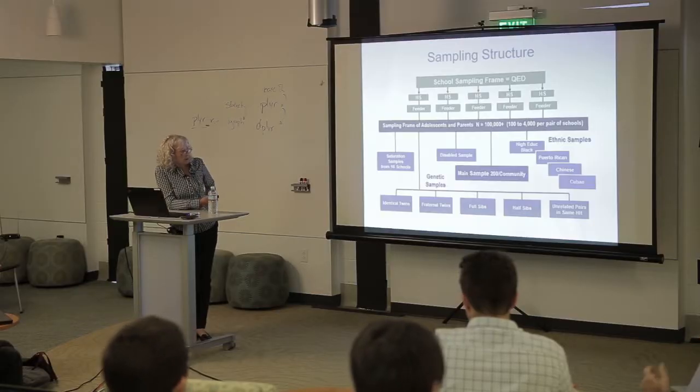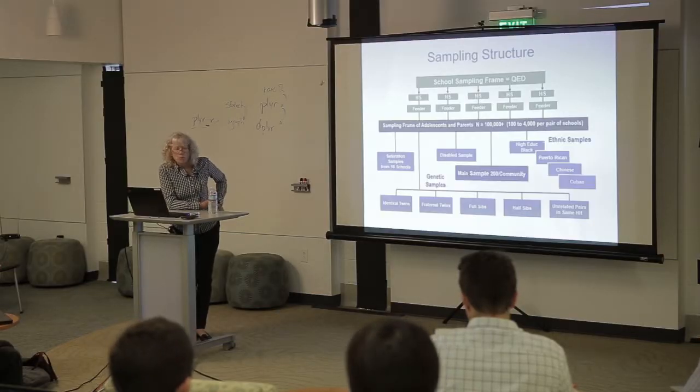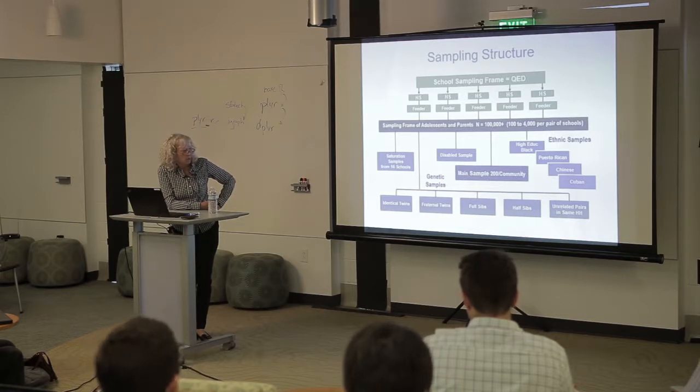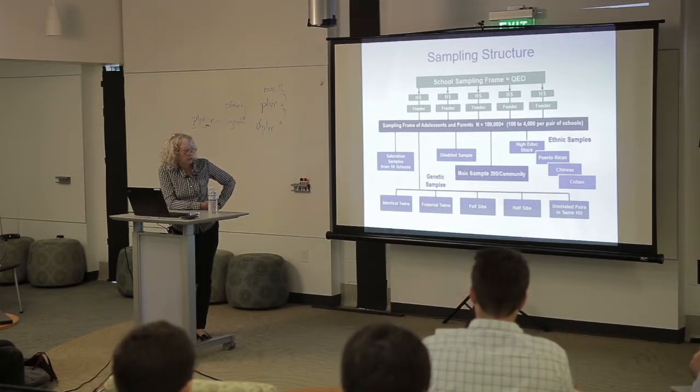So in the second part of the sampling, from each of these school pairs, we selected a grade-stratified and gender-stratified sample of 200 students. We call this the main sample. It's a self-weighted sample.